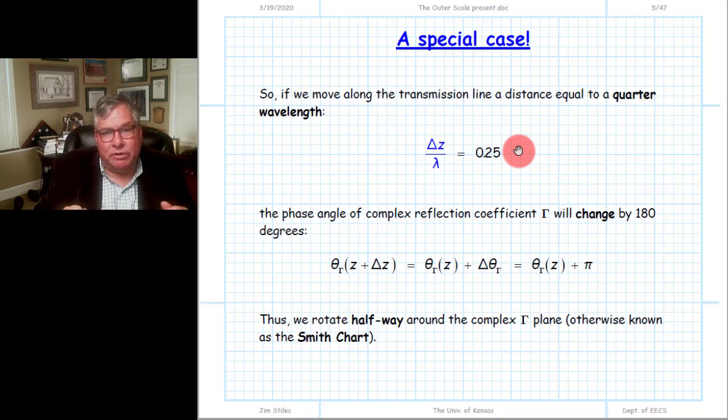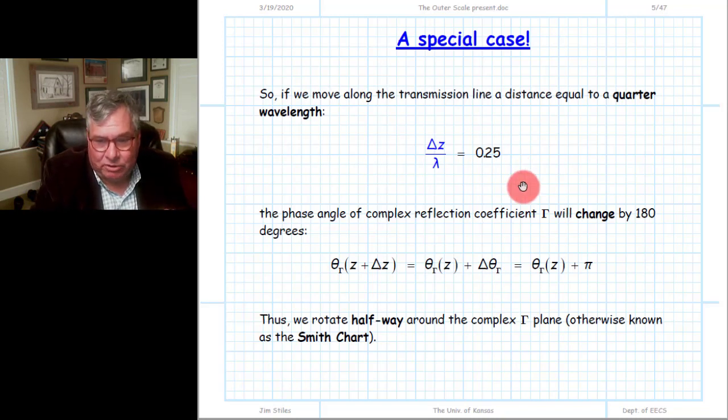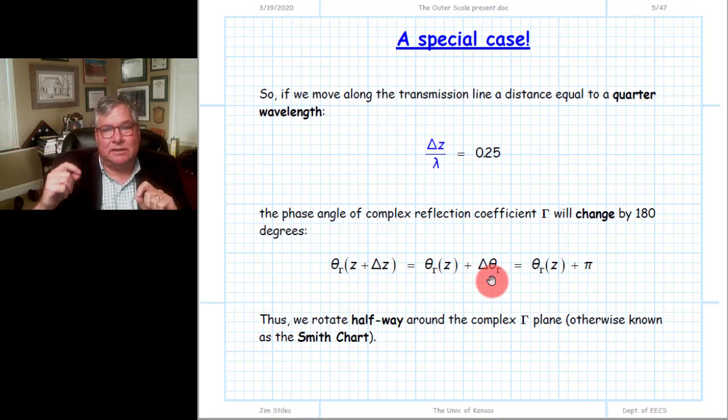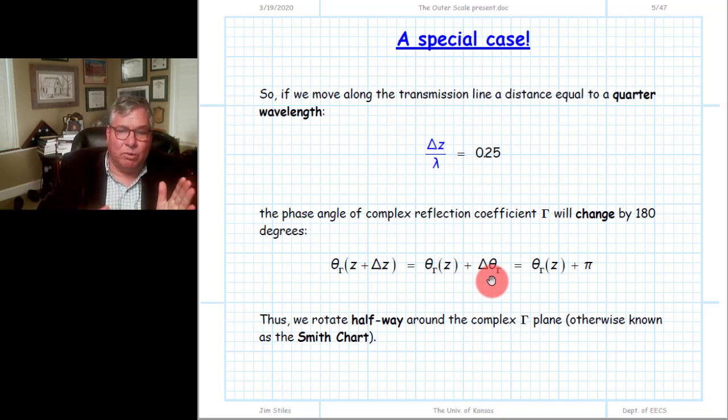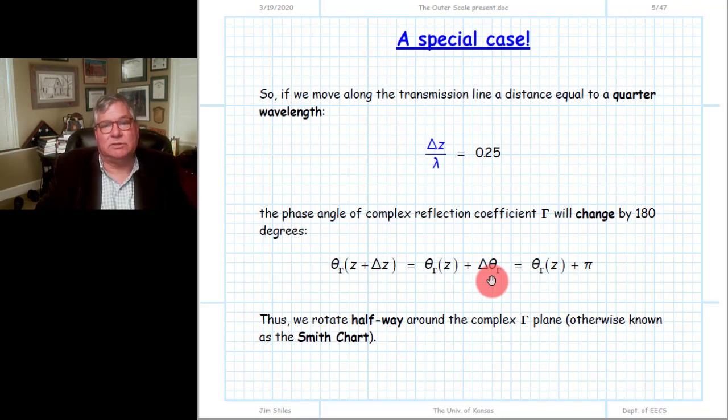Given that we know the normalized delta Z, we can insert it into the expression that we determined earlier, and we find that the change in the phase angle of gamma from one point to the other, if delta Z over lambda is 0.25, is pi radians. This is important for the Smith chart: pi radians is a rotation of 180 degrees. We've rotated around the Smith chart exactly 180 degrees if we move a distance that is 1/4 of a wavelength.